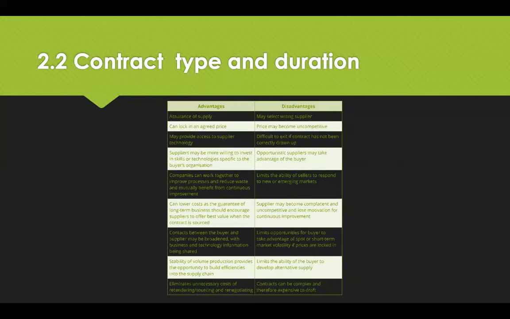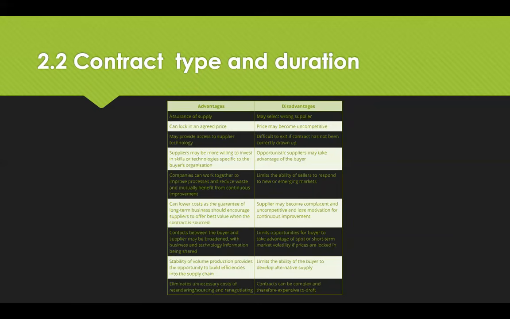Short-term ones are for more routine purchases and maybe for leverage items. They give the buyer power over the supplier as they can encourage competition. But this prevents close working relationships from being established, so they may not be suitable for strategic items. And then we've got your long-term contracts that last for several years and are used for strategic and bottleneck items.